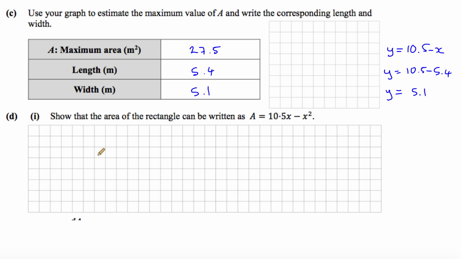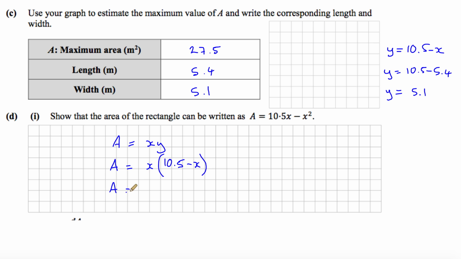Part D1 says show that the area of the rectangle can be written as A equals 10.5x minus x squared. Okay, well the area of the rectangle is x by y. So that's x times, we expressed y as 10.5 minus x earlier on in the question.